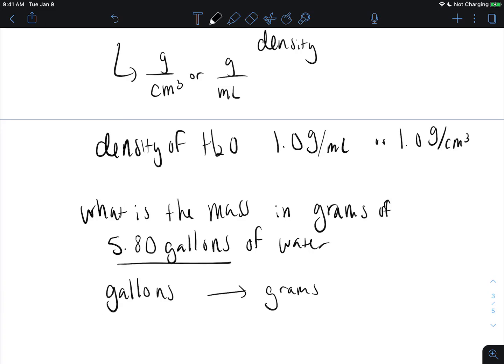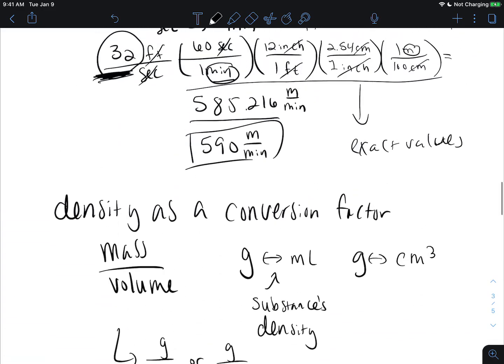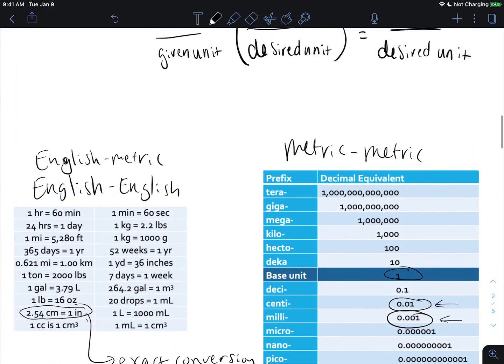If we want to go from a volume unit into a mass unit, as long as we're talking about a pure substance, we're going to use density to go from volume to mass and vice versa. So, grams is a metric unit, gallons is an English unit, so we need to go up here and look at what we have.